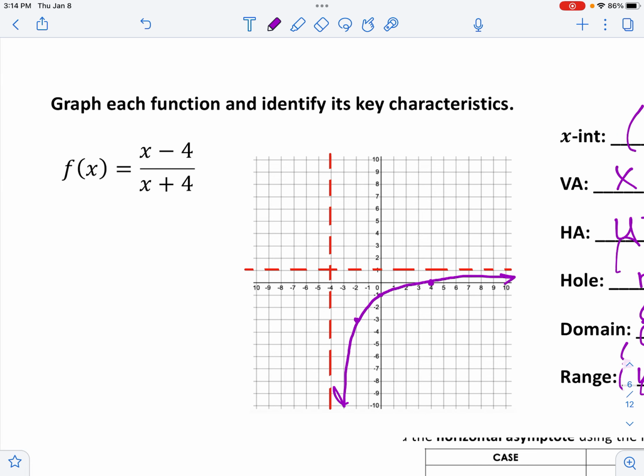And you can plug in some other points. Let's see, if I do -6 maybe, I would have -10 on top over -2, which is 5.